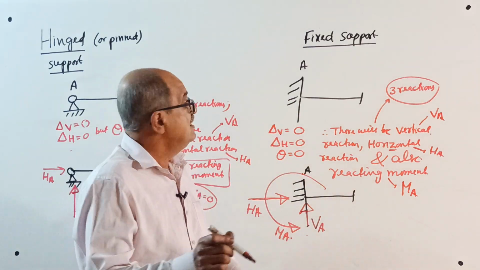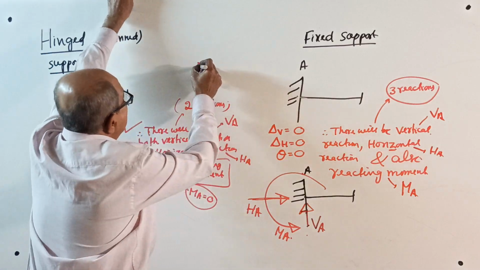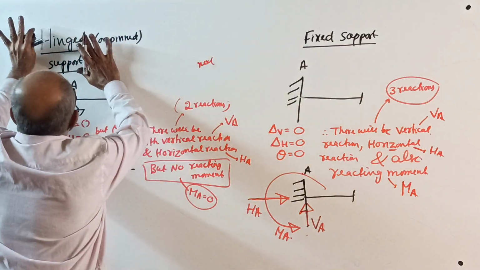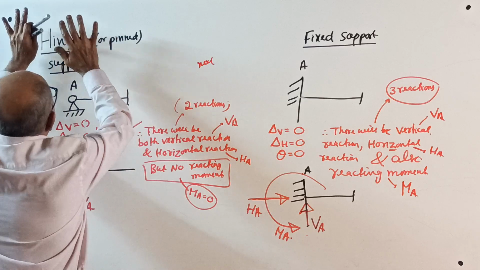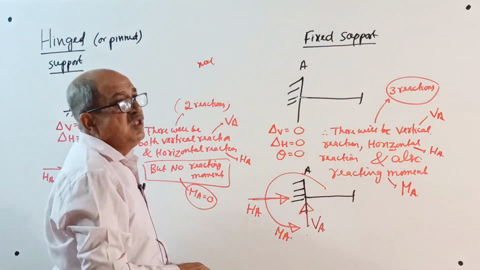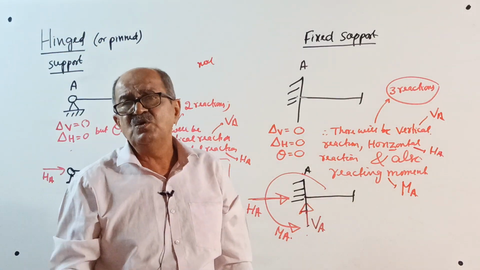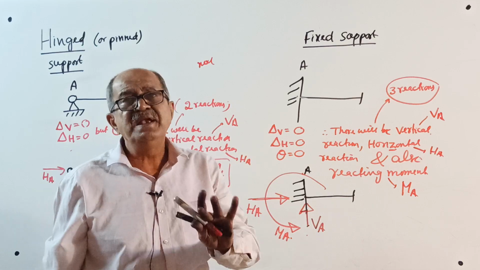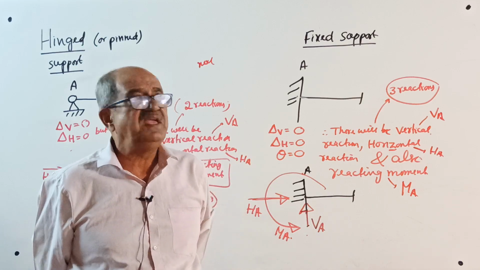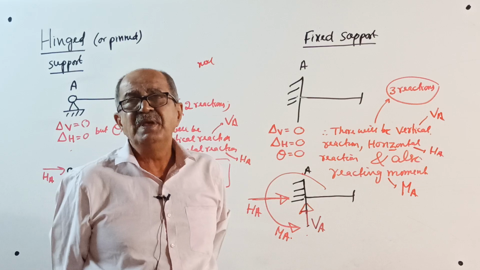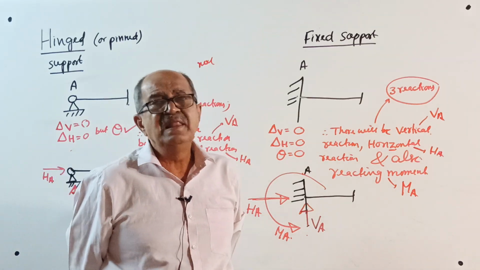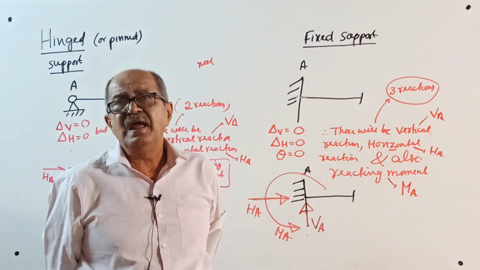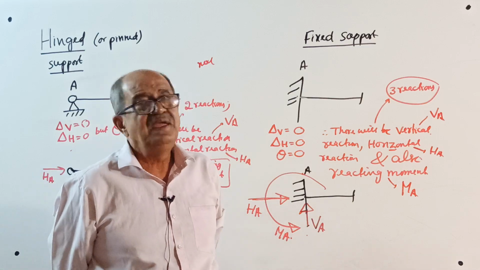Okay, in the next class I will do the full board. I will write the supports one by one with a lot of information that you have to take a screenshot of and maintain for the rest of your study. I will explain each and everything, and then I will tell about determinate and indeterminate structures briefly.